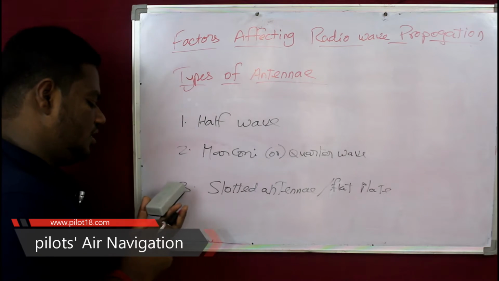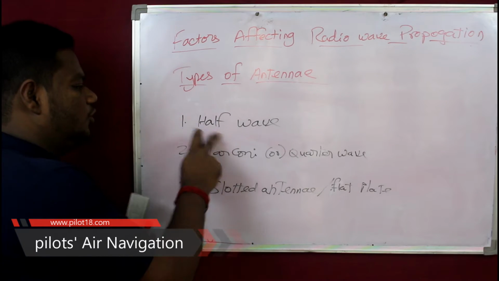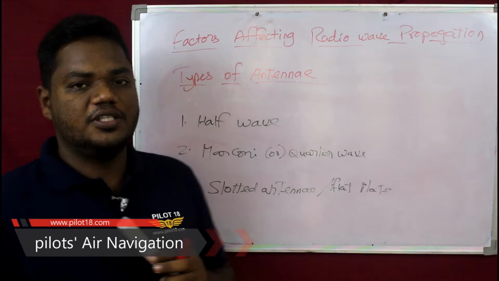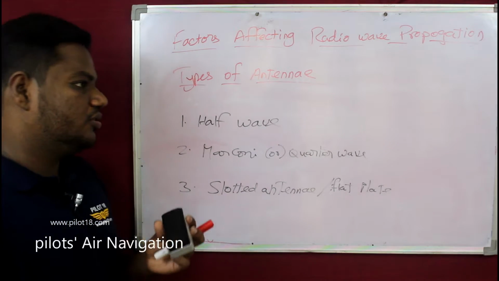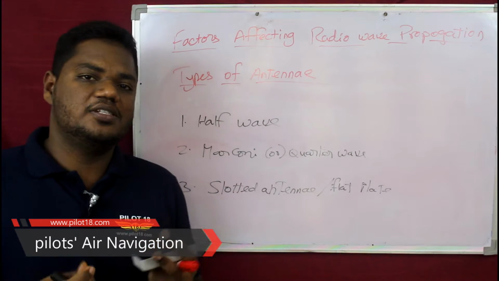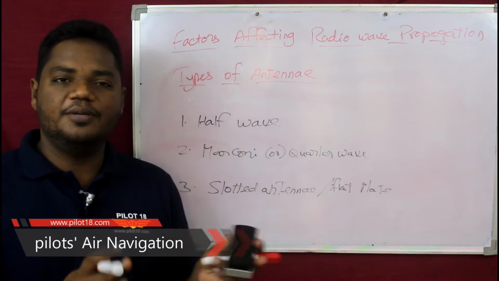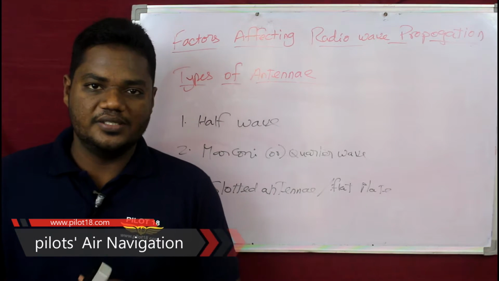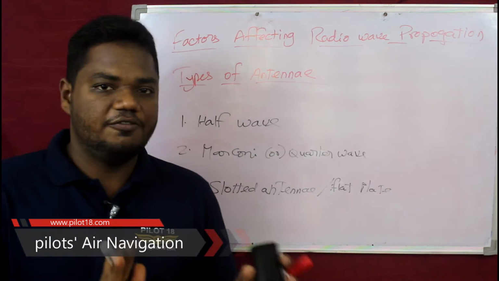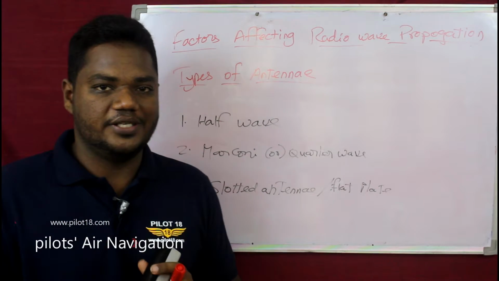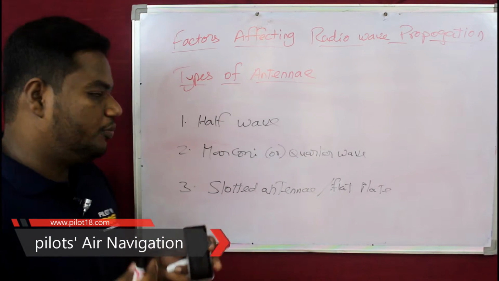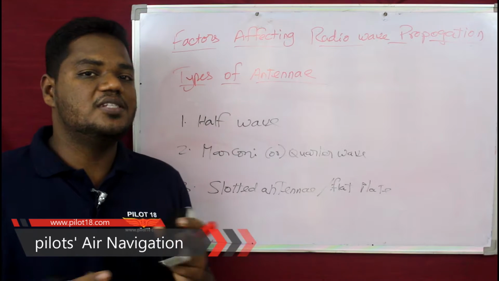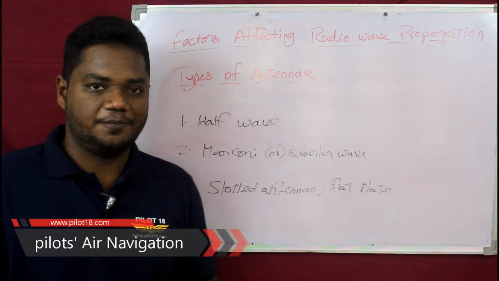So half wave means your antenna size should be half of the wavelength, right? Because for every particular radio aid equipment, they have some fixed frequency band. Within that only they operate, right? So if they operate in a fixed frequency, which means the wavelength is also going to be fixed, right?